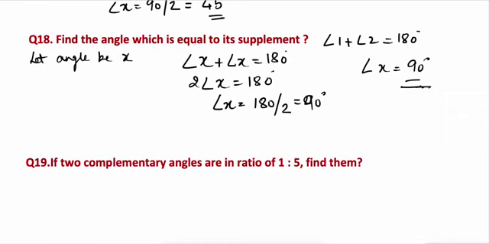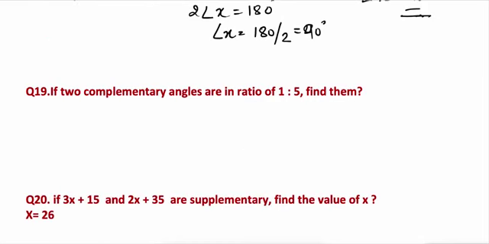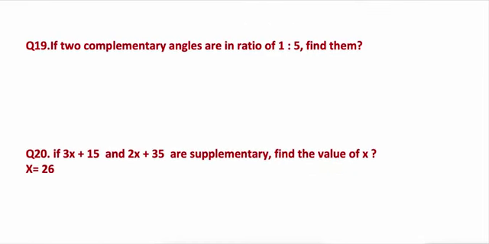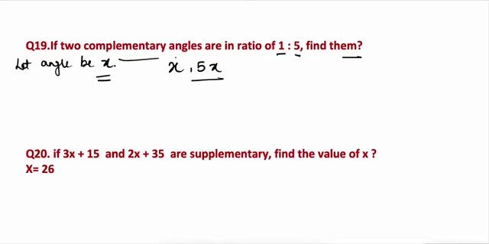Question number 19. If two complementary angles are in the ratio of this, here the angles are not mentioned but their ratio is mentioned, find them. So let the angle be x. So the first angle will be x and the other angle is 5x, and for complementary, angle 1 plus angle 2 should be 90 degrees.